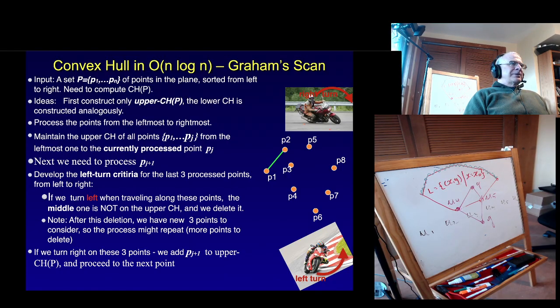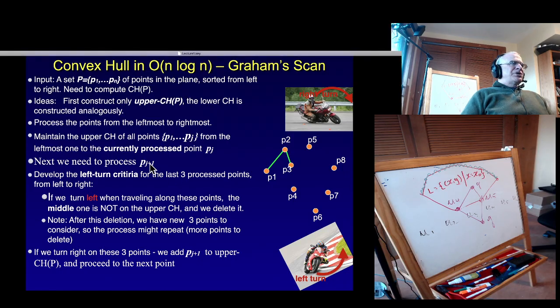What we are going to do in general is to ask, if I'm going to add Pj plus 1, does it cause a right turn in the last point that I processed, or does it cause a left turn?